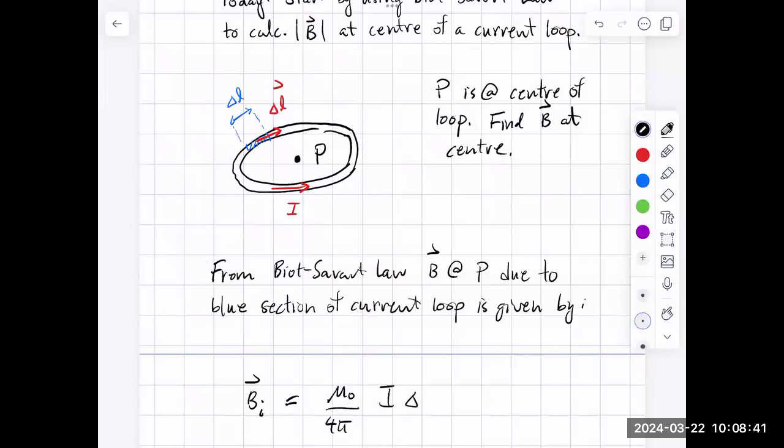And then we had this I delta L cross r hat over r squared.